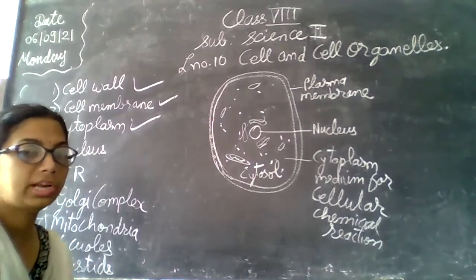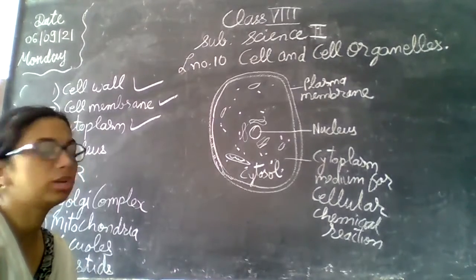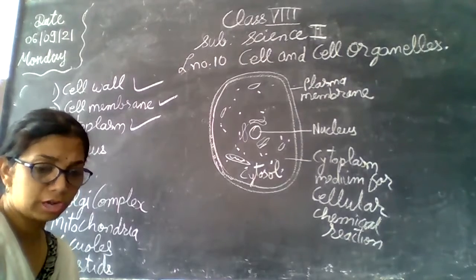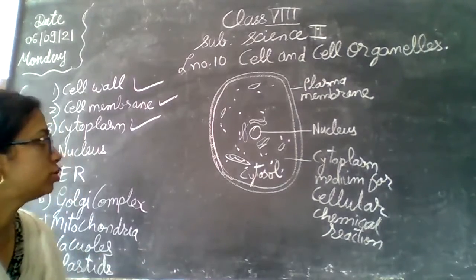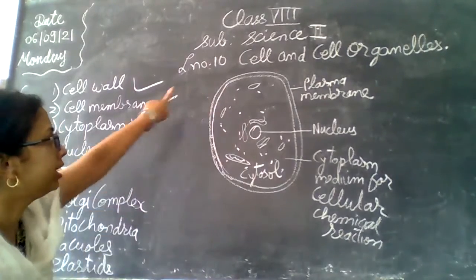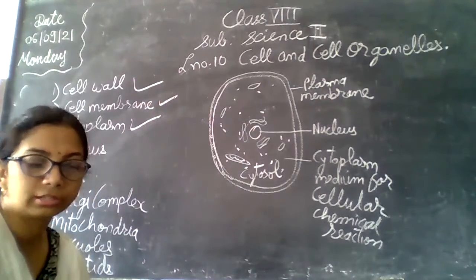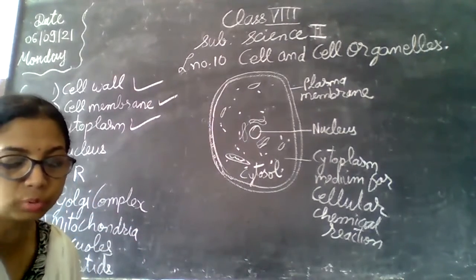We all know in a plant cell there is a big vacuole to store the remaining food. Because of that, this cytosol or cytoplasm is pushed to the periphery, near the boundary wall.